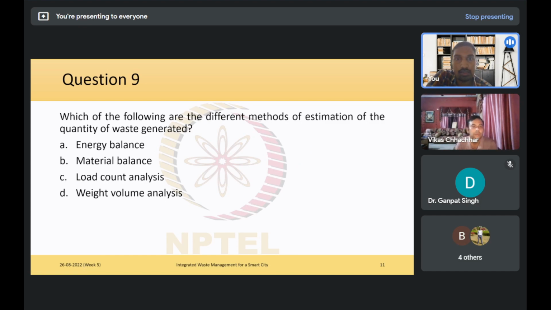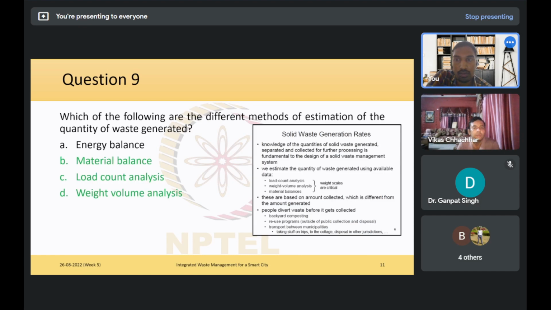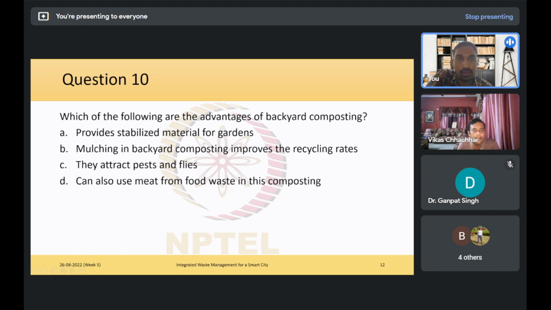Question 9 is about the different methods of estimating solid waste. We have three methods: material balance, load count analysis, and weight volume analysis. We don't do energy balancing. Question 10 is what are the advantages of backyard composting.